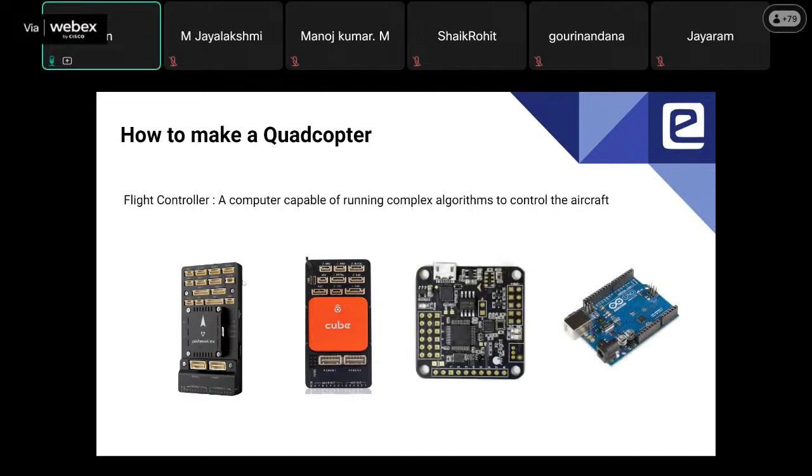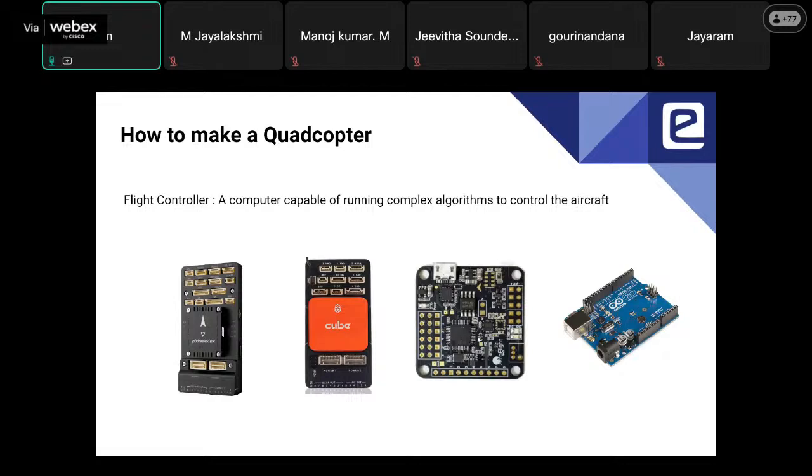There are different types of flight controllers available from different companies. There is Pixhawk, there is Naze. These are big controllers, and this other controller is the one used in some smaller drones.